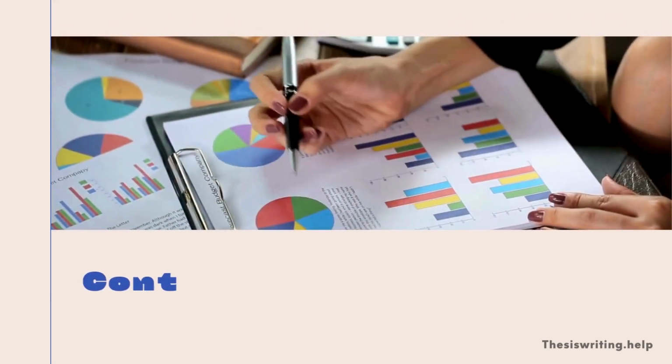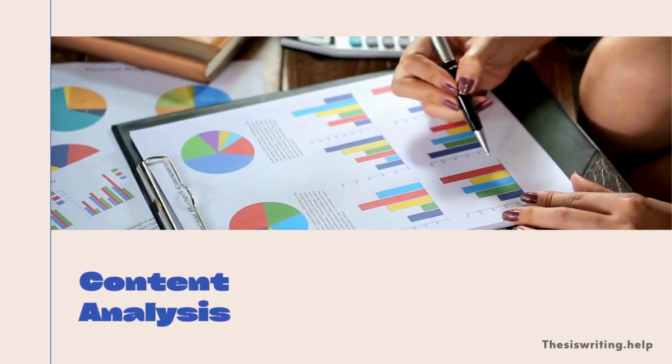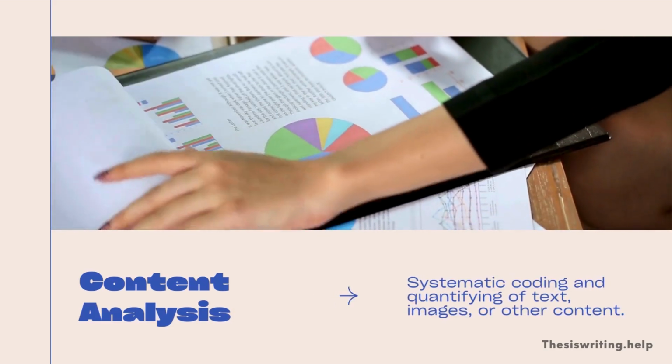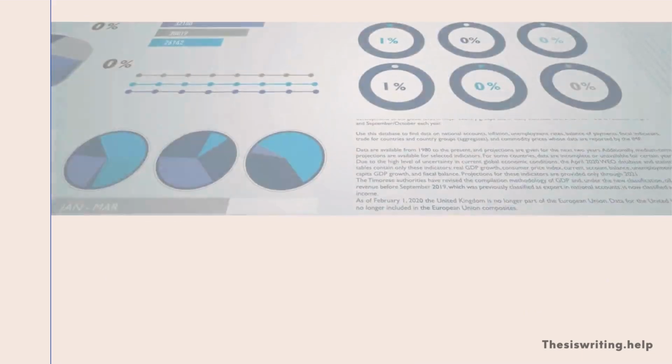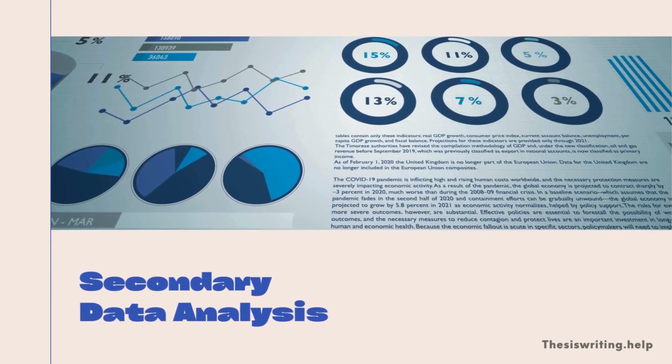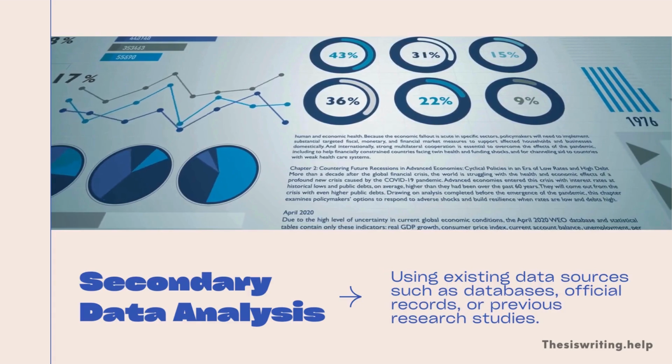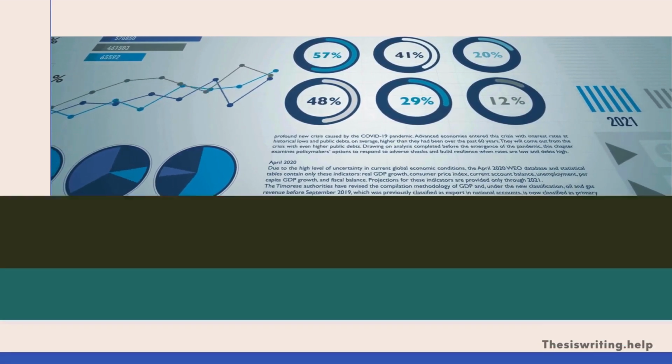Number 3, content analysis, systematic coding and quantifying of text, images, or other content. Number 4, secondary data analysis, using existing data sources such as databases, official records, or previous research studies.